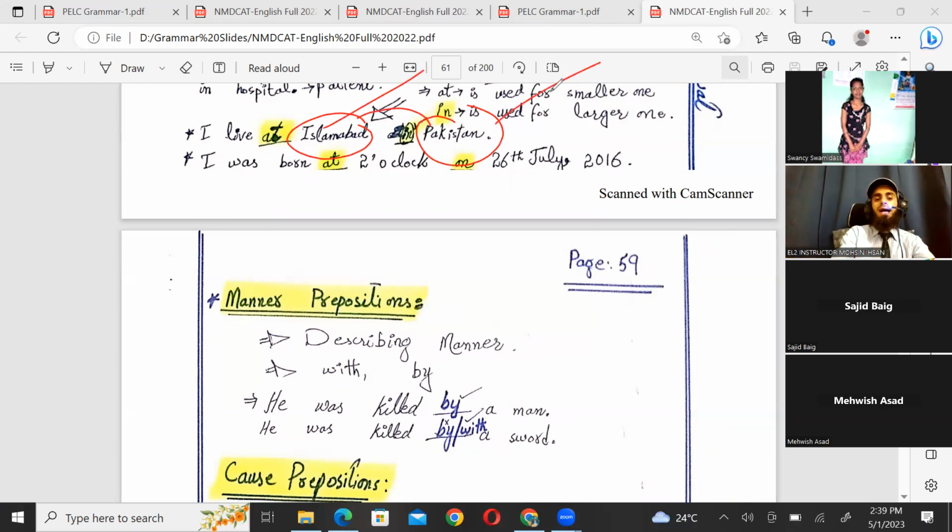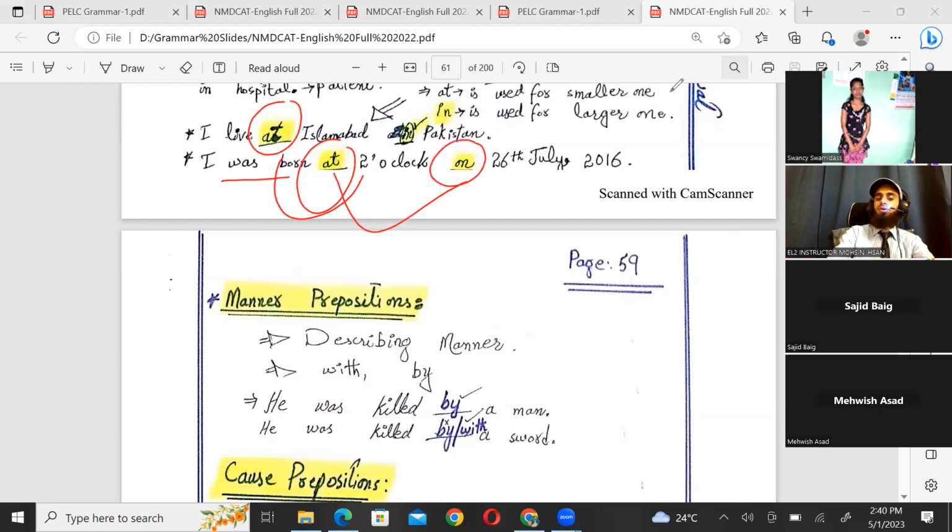Now you would say, I live at Islamabad in Pakistan. You cannot say I live in Islamabad at Pakistan, because at must be used with the smallest one, and the smallest one is actually inside the largest one, in Pakistan. Then it fits, right? Okay. Next is the comparison of at and on, then at must be used before and on later.